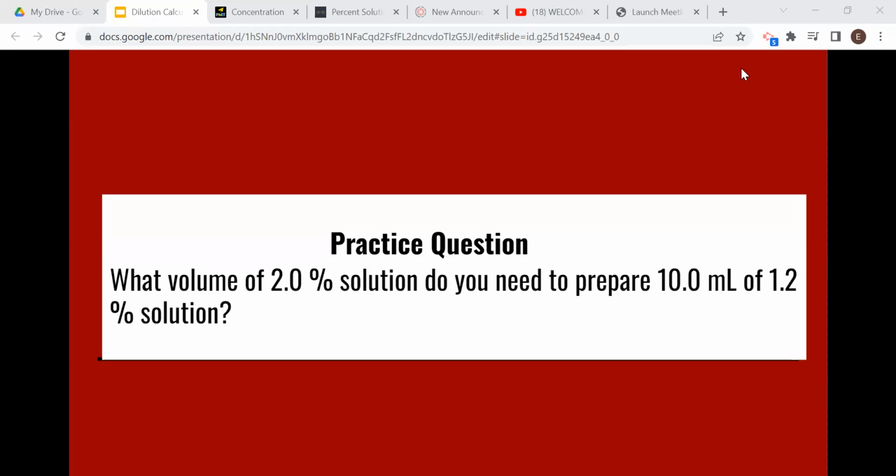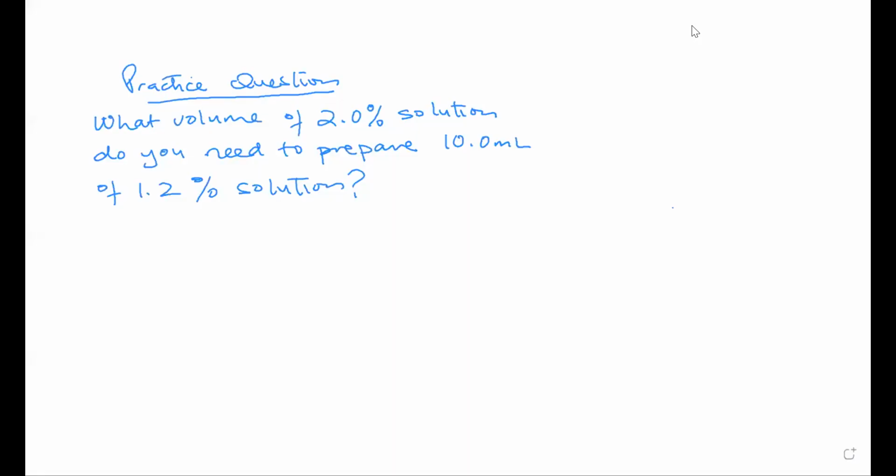In this question again, you're going from a more concentrated to a more dilute solution. So pause the video and try to solve it.